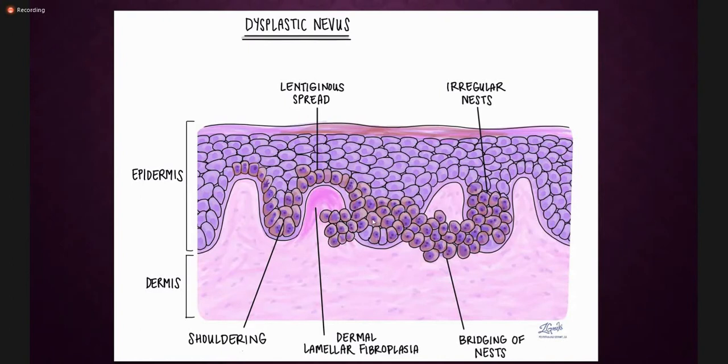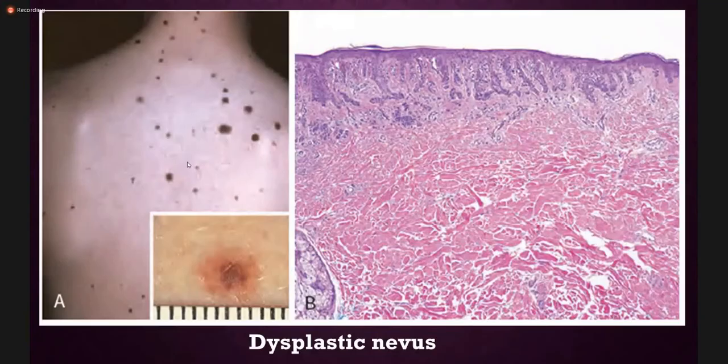And shouldering means that apart from the main lesion, these melanocytes are extending further lateral to the main lesion. And these nests are irregular in shape. So this is a picture of dysplastic nevi.